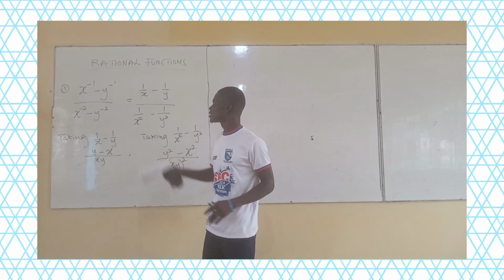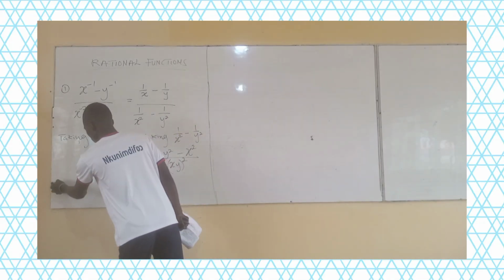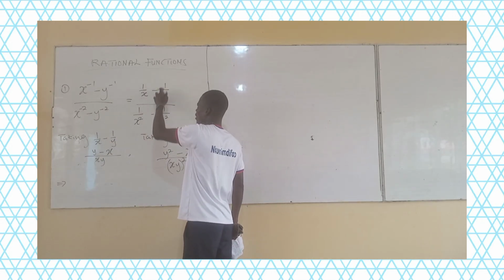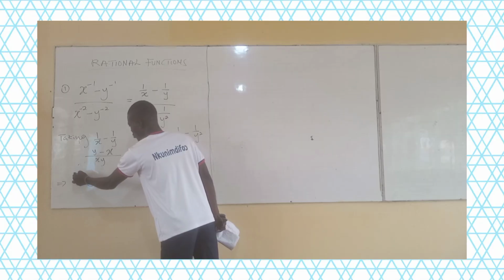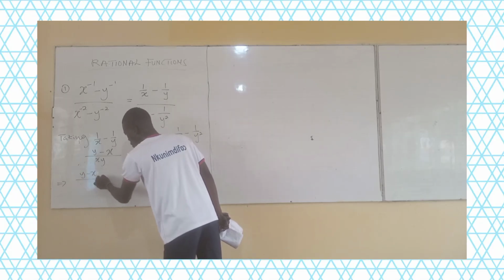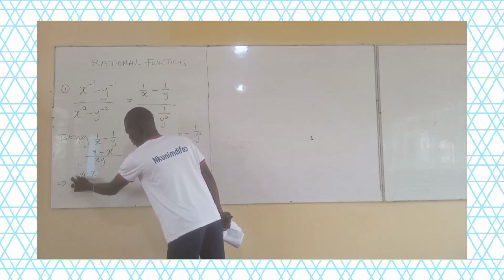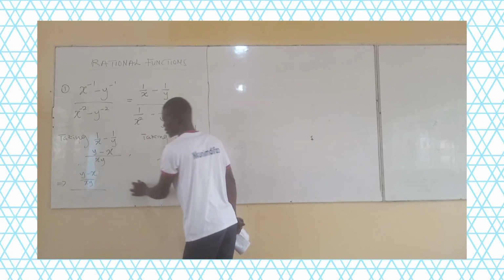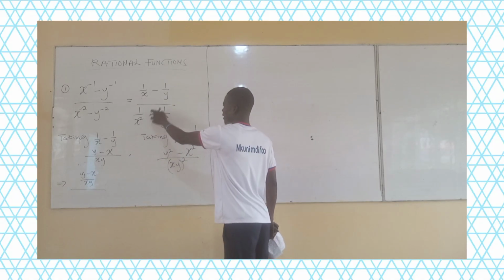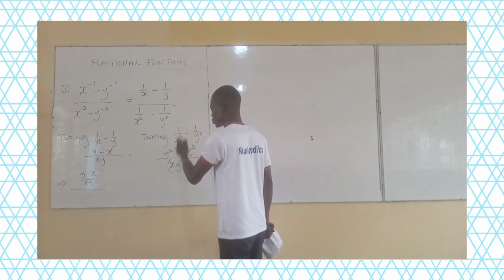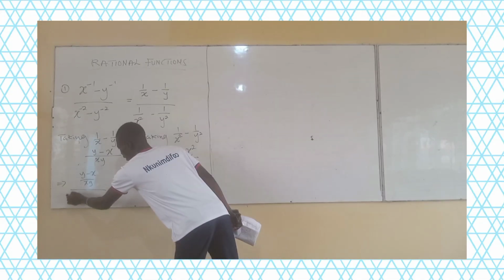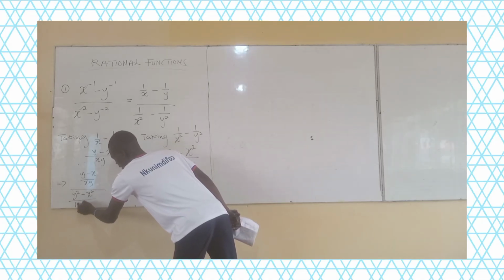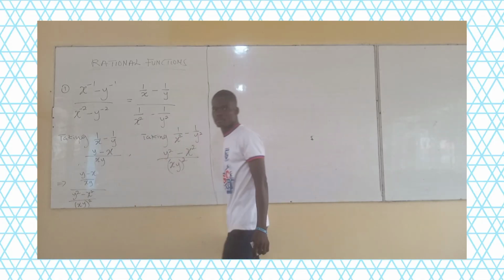So now let's join them in the question. The numerator is y minus x all over xy, and the denominator is y squared minus x squared all over xy all squared.